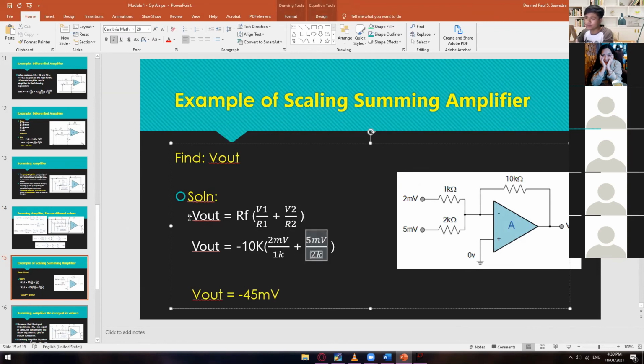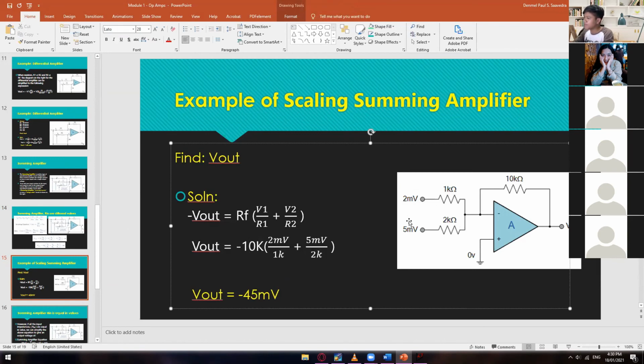So we want to transfer that negative into the right side. So what is the value of RF? So it's 10K times your V1 is 2 millivolts divided by 1K. And then for the second one is 5 millivolts divided by 2K. So if you're going to solve this one, you will arrive at the result of negative 45 millivolts.